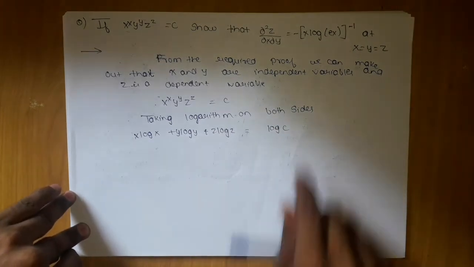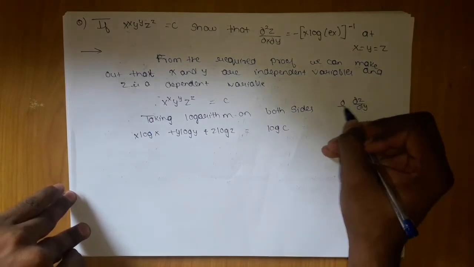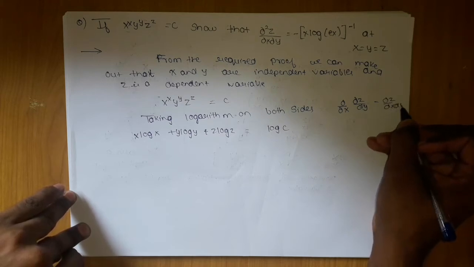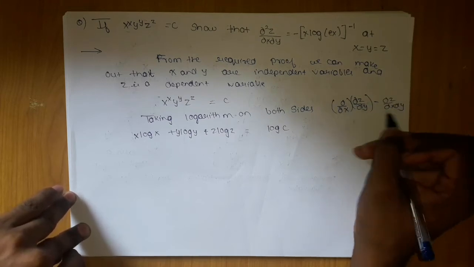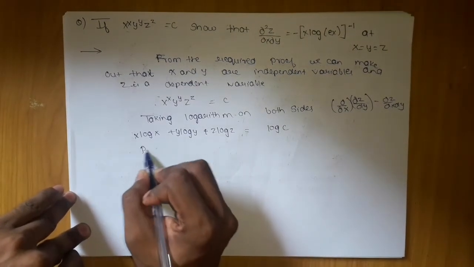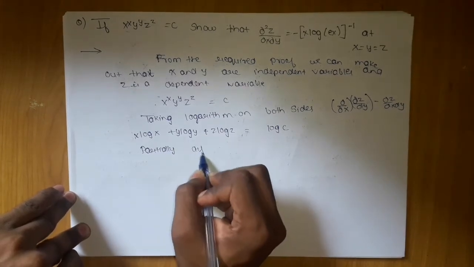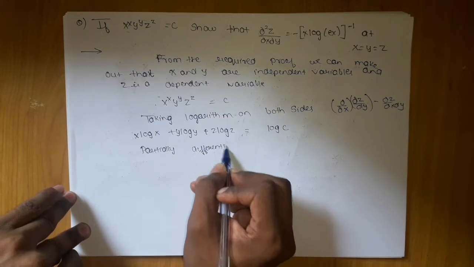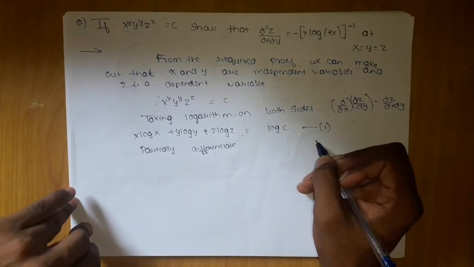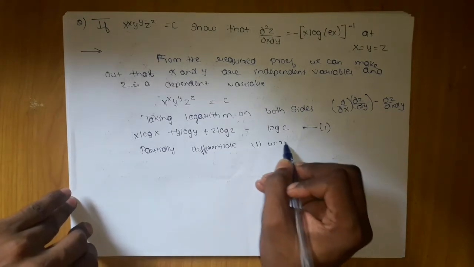Now what we are going to get, this is nothing but, listen, dou z by dou y when differentiated with respect to x, we get this thing. So we can find them separately and multiply and get this result simply. So partially differentiate this, I will call it 1, with respect to x.